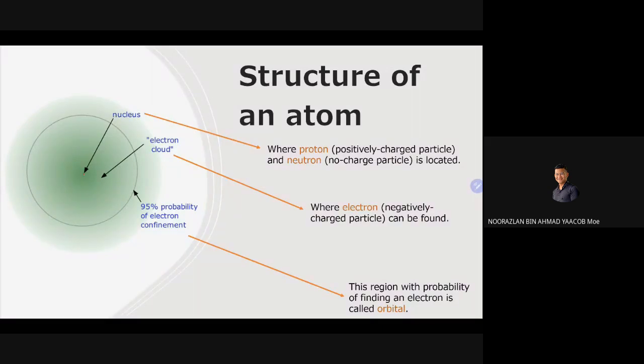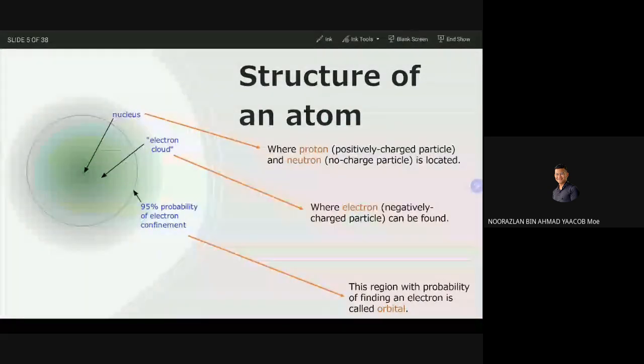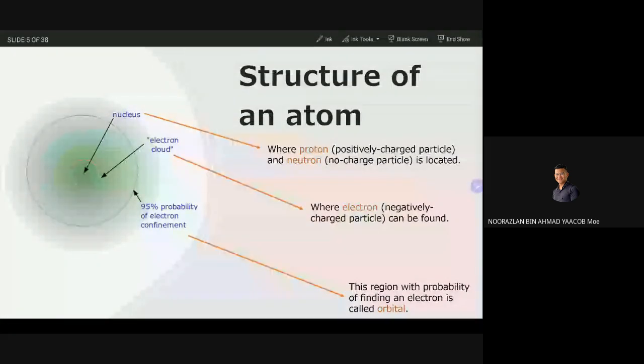Now, structure of an atom. Ni tadi saya lukis secara kasar tu lah. Nucleus tu dia sangat kecil dan sangat mampat dekat tengah-tengah tu, ada proton, ada neutron. And then kita ada kawasan yang kat luar tu kita panggil sebagai electron cloud.